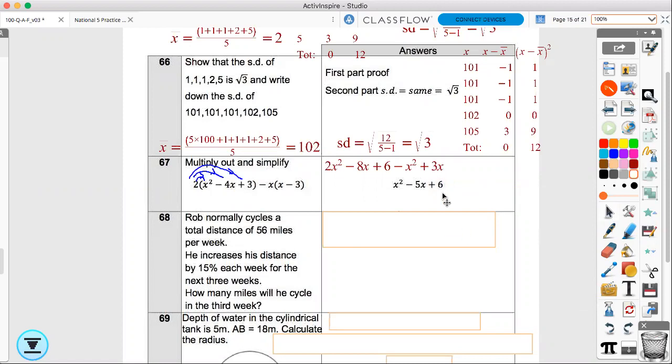But remember, I said plus 6 on its own. But technically, plus 6 is 6x to the power 0. Yeah? What's x to the power 0 again? 1. Yeah.